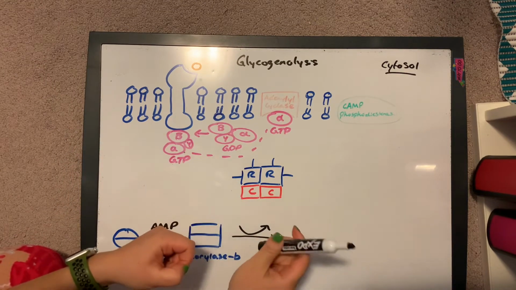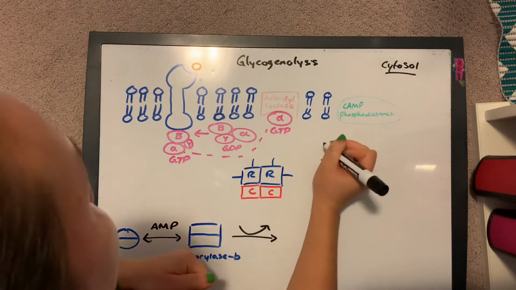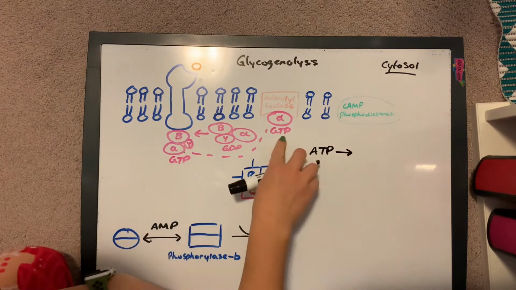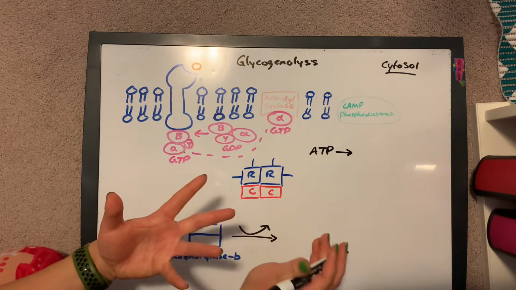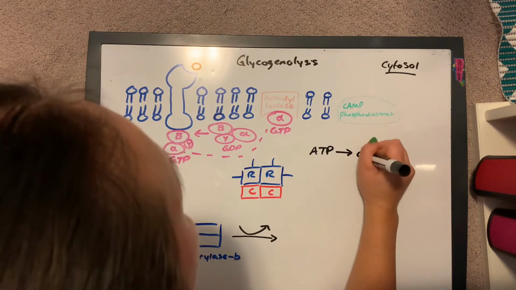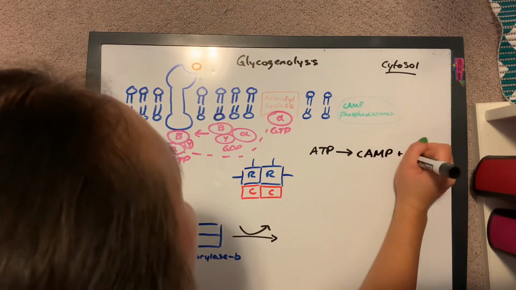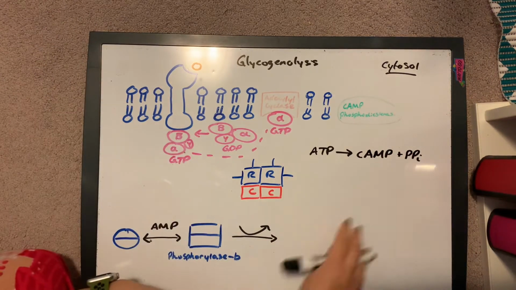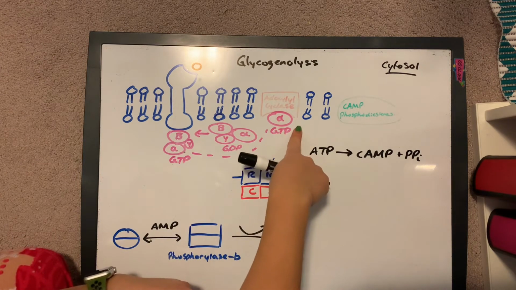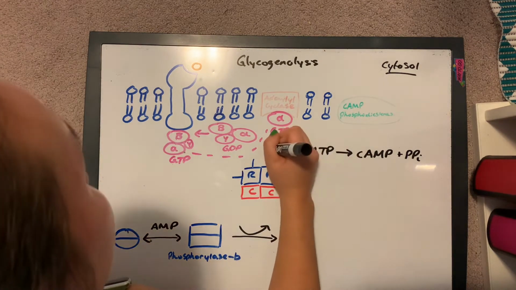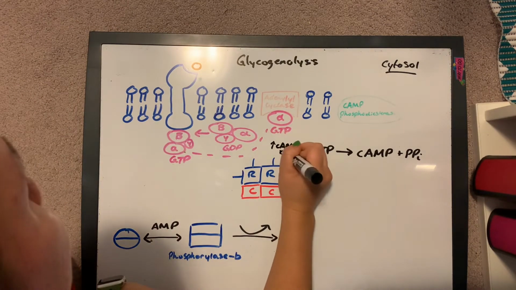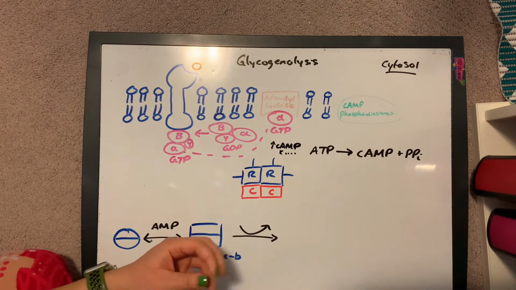We're going to use this reaction: ATP, and GTP are kind of interchangeable, as we learned previously in the course. So our ATP will now be converted into cyclic AMP plus PPi, which is our phosphate groups. Our adenylyl cyclase is going to produce an insane amount of cyclic AMPs, so times basically a lot, however much we need.